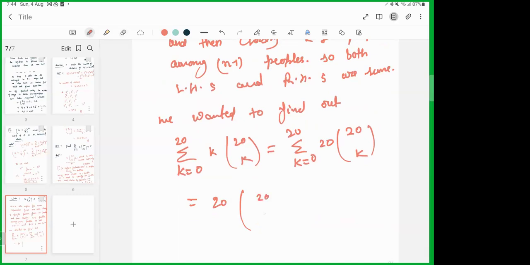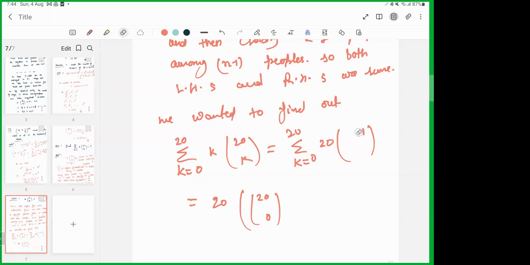So 20 times the sum of N minus 1 choose K minus 1. N minus 1 is 19.